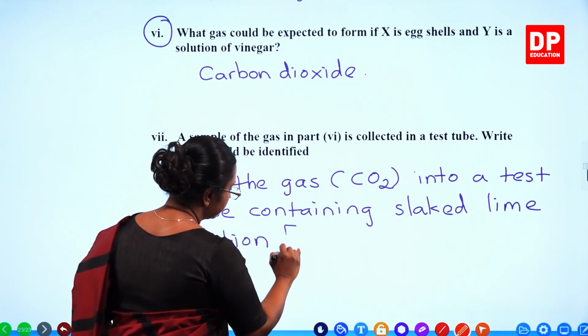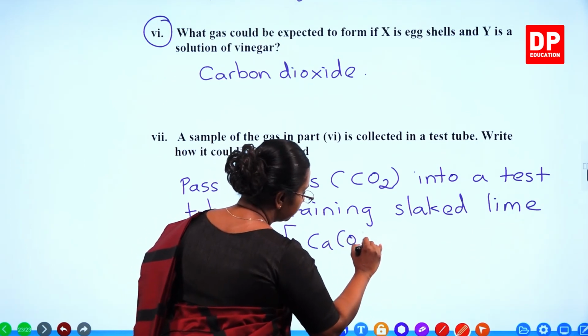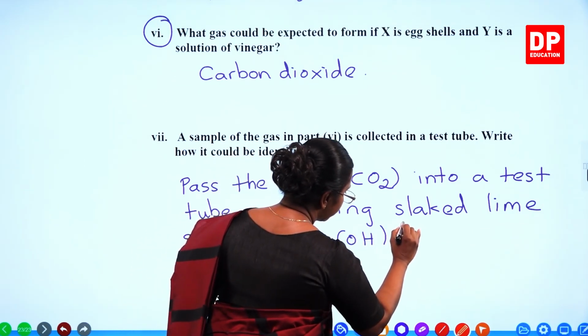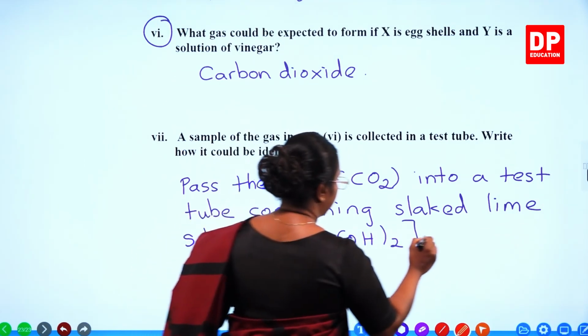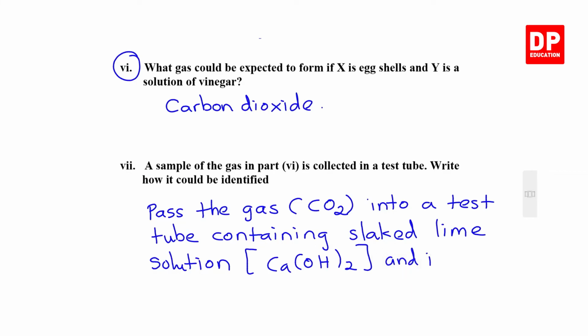That is calcium hydroxide, and it becomes milkier.